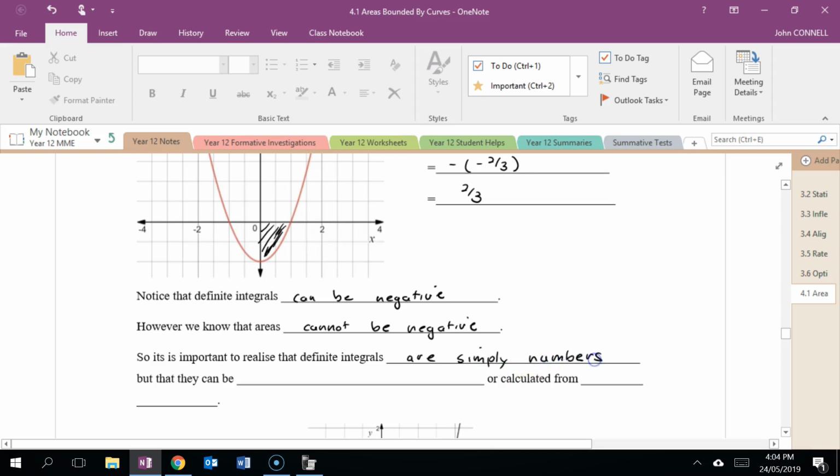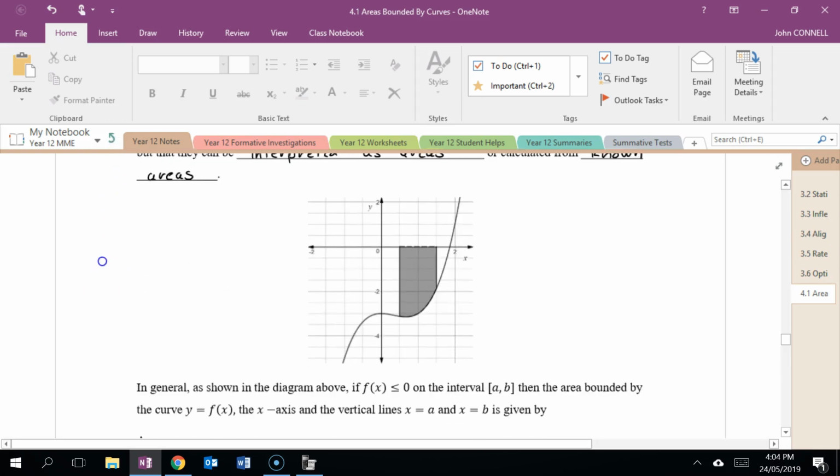They aren't directly areas, but they are simply numbers which can be interpreted as areas, or they can be calculated from known areas. So there's a strong link between definite integrals and areas, but they're not exactly the same thing.